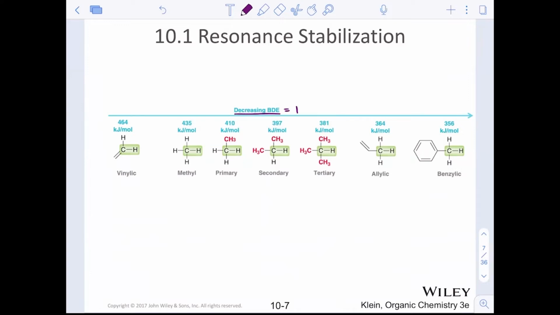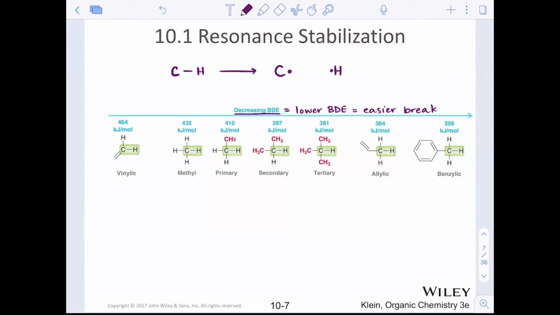The lower the bond dissociation energy, the easier the bond is to break. What we have to think about is that all of these carbon-to-hydrogen bonds are being imagined to break homolytically.